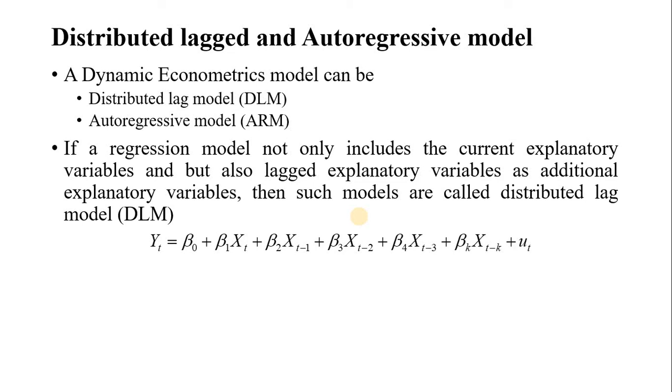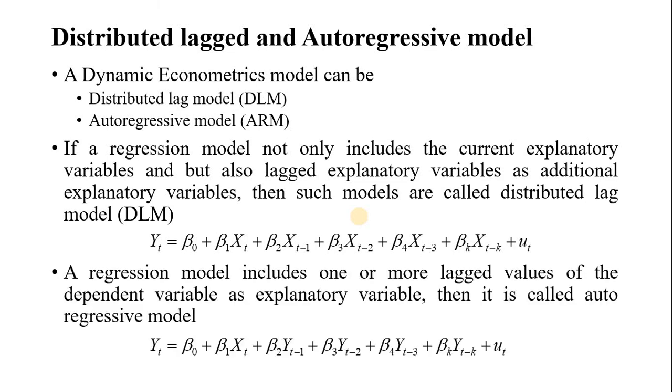Whereas in this equation, Yt = beta 0 + beta 1 Xt + beta 2 not Xt-1 but Yt-1, we are including the lagged values of the dependent variable as an additional explanatory variable. So this model is known as an autoregressive model.